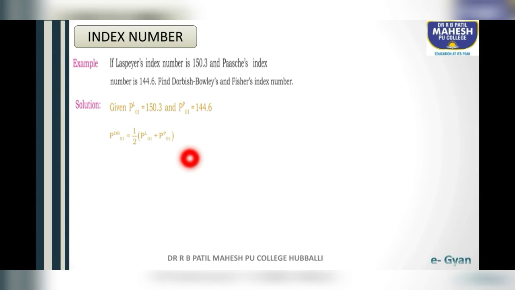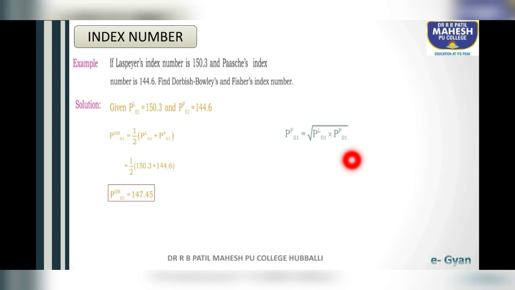Using this formula we calculate it, because Laspeyres and Paasche are given. Now substitute the values: P01 of Laspeyres is 150.3, P01 of Paasche is 144.6. After adding these two values, divide by 2. So the final answer is P01 of Drobisch-Bowley is equal to 147.45.